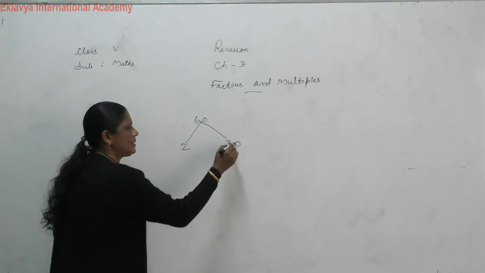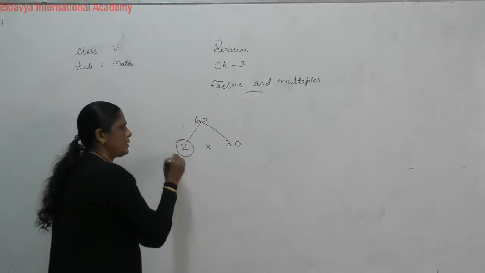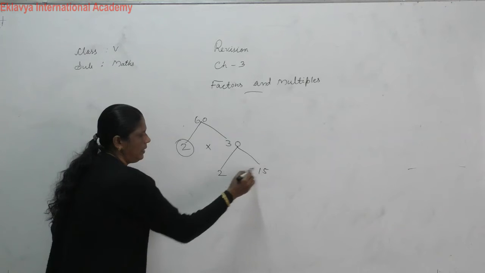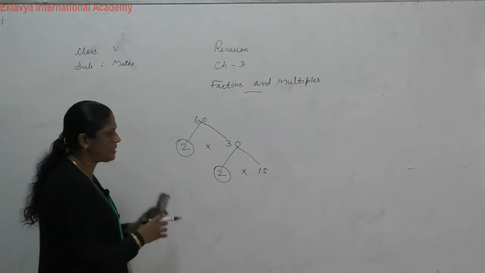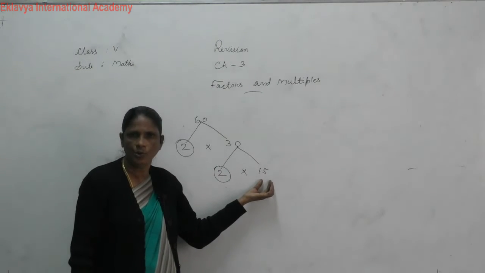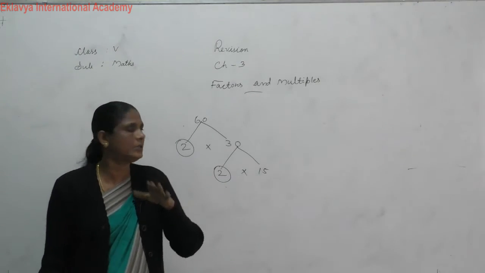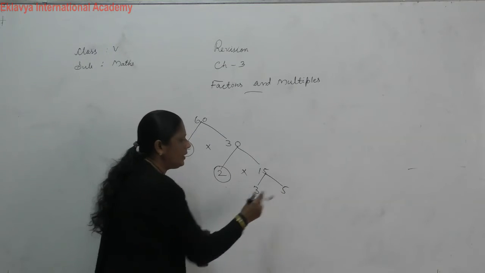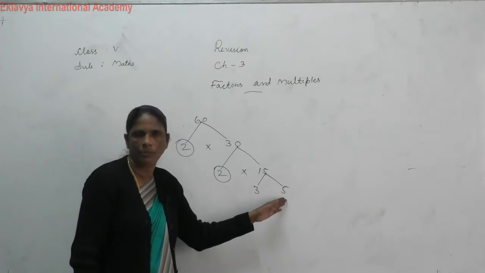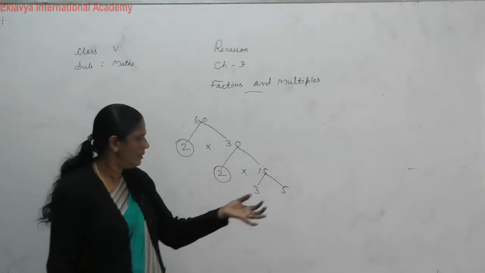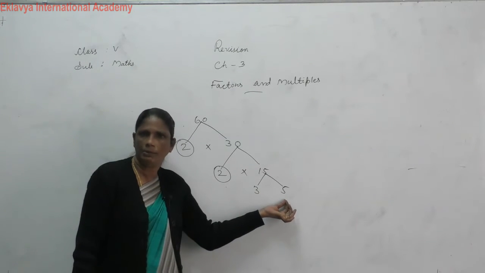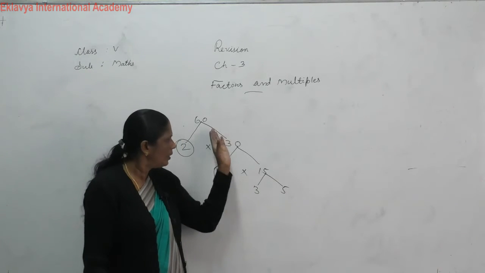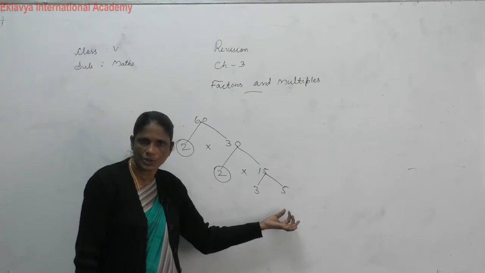Again, is this number divisible by 2? Yes. 15. Again you check, is this divisible by 2? No. Next prime number 3. Is this number divisible by 3? Yes. Then on this side you get a prime number. Both are prime numbers. Then you stop.